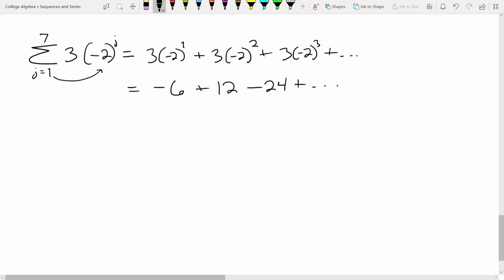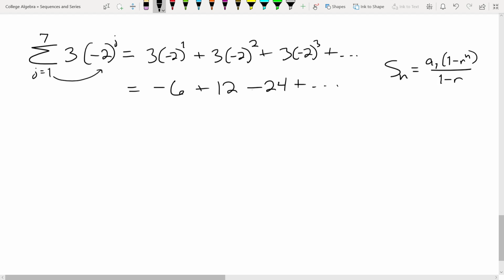Now what's interesting is that this one is an alternating series. We have negative 6 plus 12 minus 24 plus something next. That doesn't matter, however, we can still use the formula that we had for geometric series, namely (1 minus r to the n) over (1 minus r).